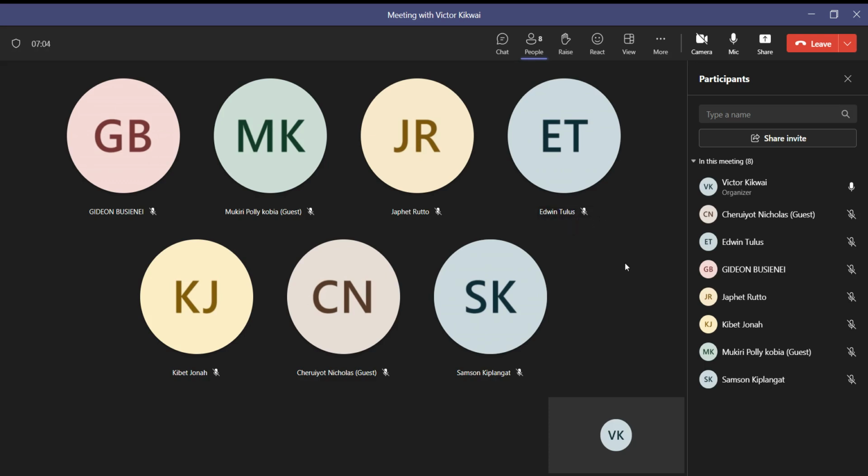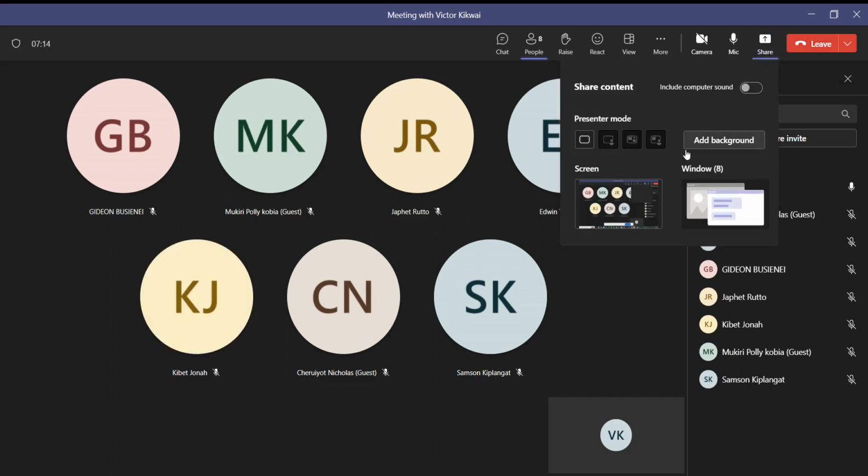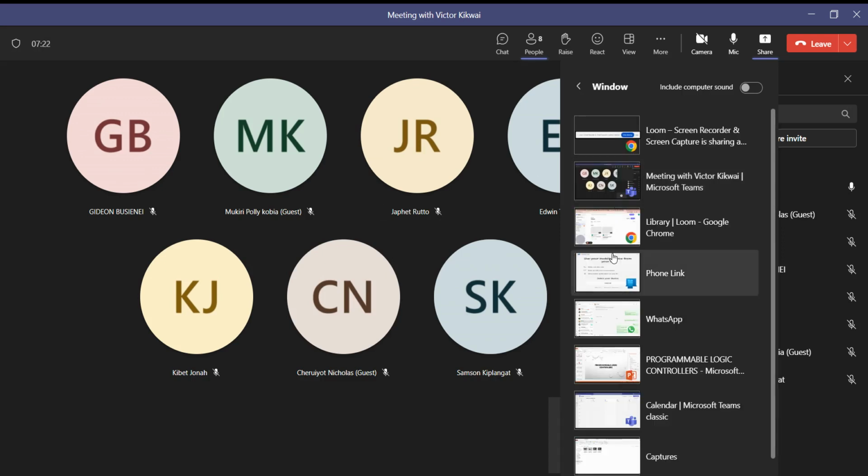It will be a very short session, and we are going to talk about something small on programmable logic controllers. Let me share my screen. Can you see the screen?